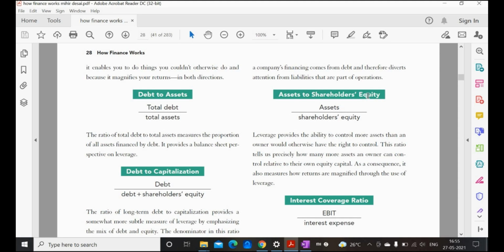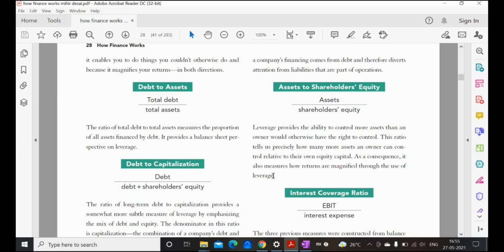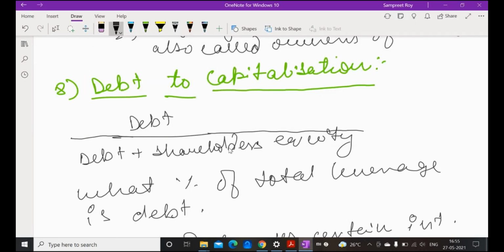Assets to shareholders equity. Now this is our ninth ratio.